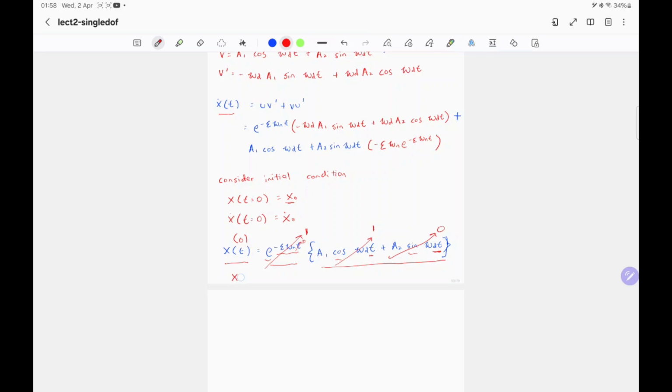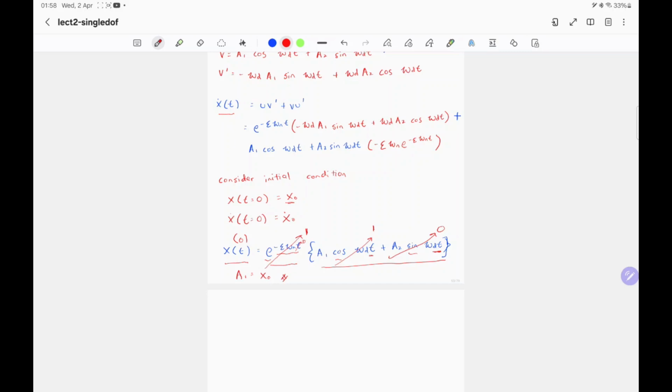Therefore x naught, which is x when time is equal to 0, is equal to a1. Because we are trying to find a1, a1 is x naught. Now we have obtained a1.